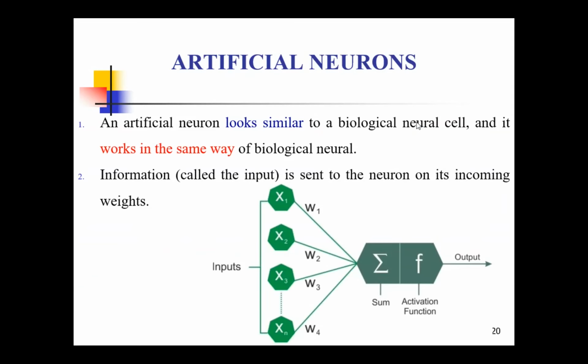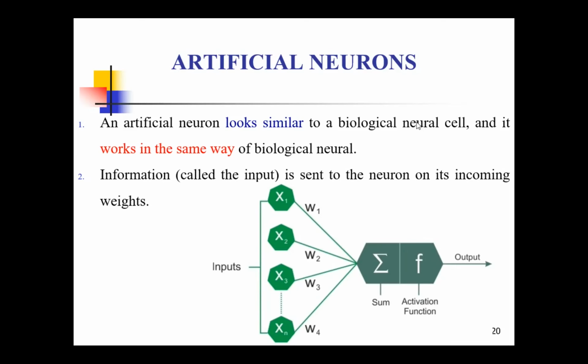So here we can see x1, x2, x3 and xn are the various inputs. The weightages given to the inputs are W1 for x1, W2 for x2, W3 for x3 and W4 for xn.